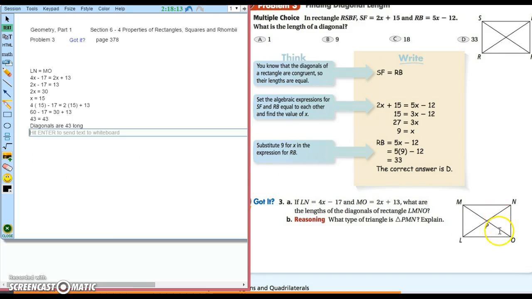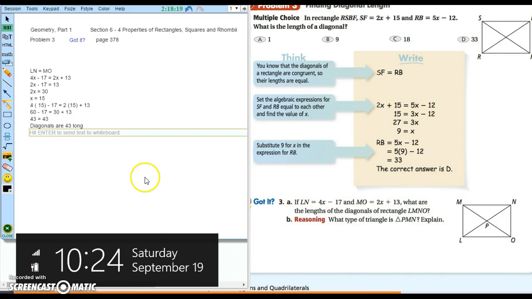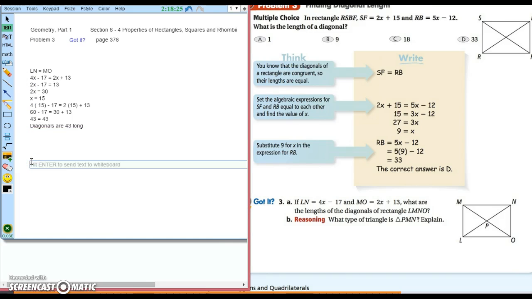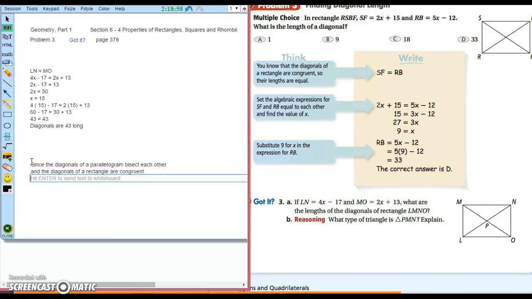So since the diagonals of a parallelogram bisect each other, and the diagonals of a rectangle are congruent, this means that PM, PN, LP, and OP are all equal or congruent.